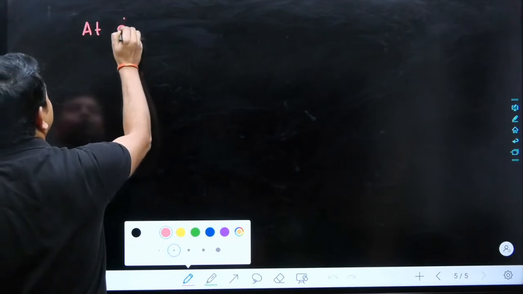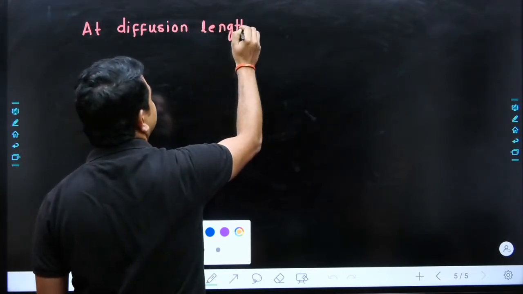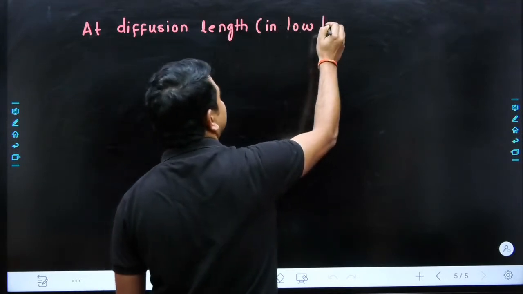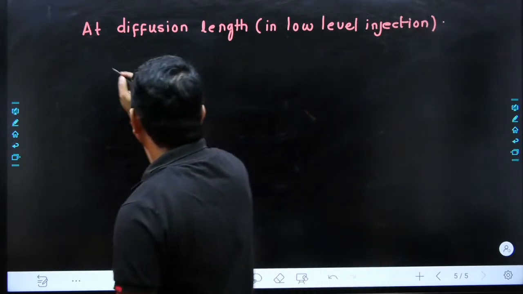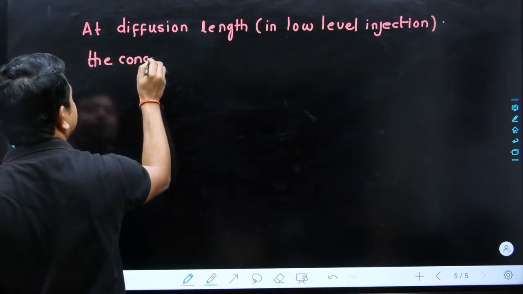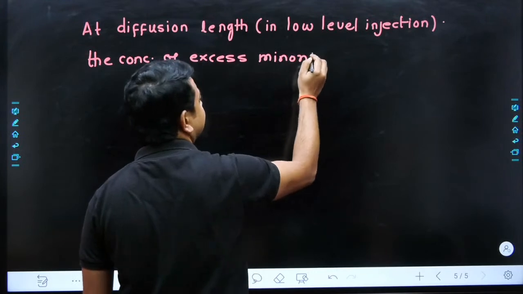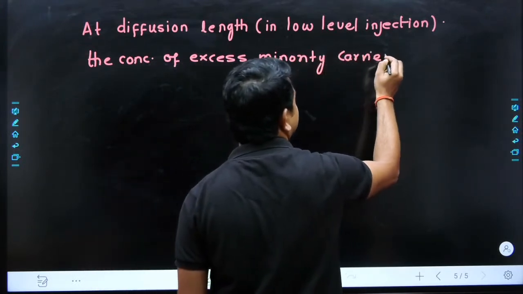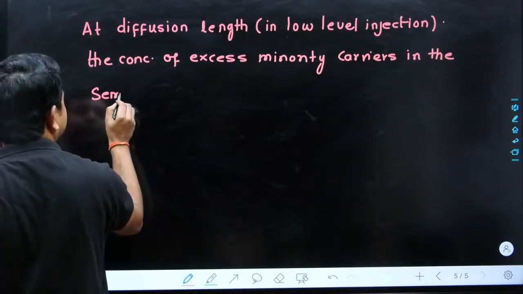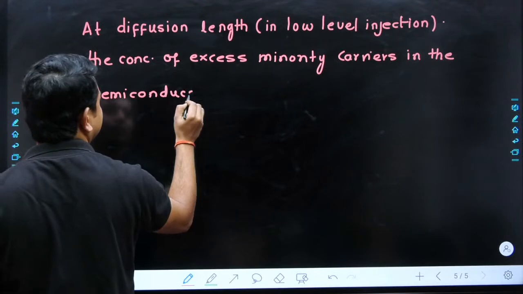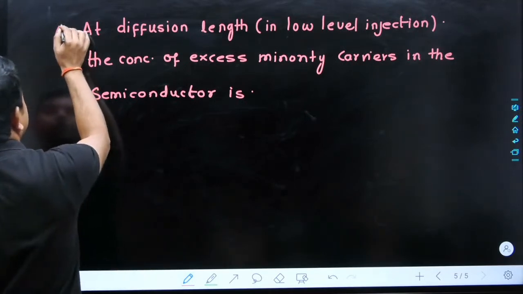at diffusion length in low level injection, the concentration of excess minority carriers in the semiconductor is given by... so we just have this question.